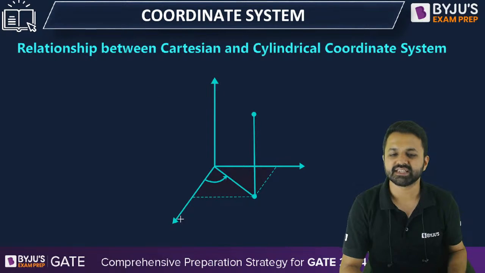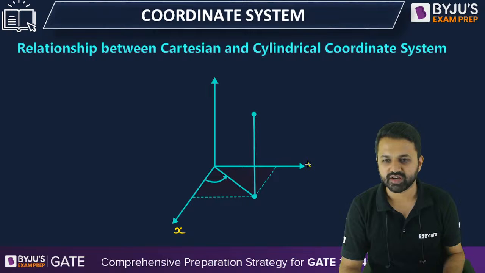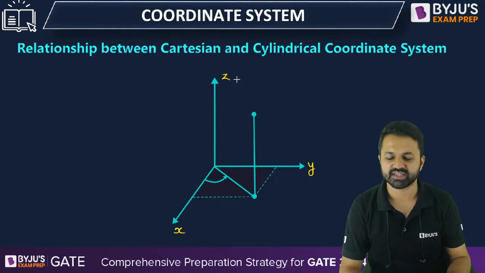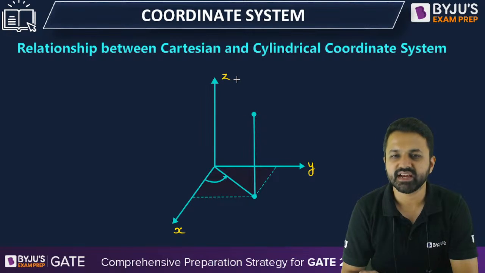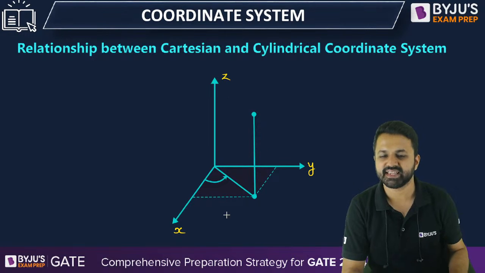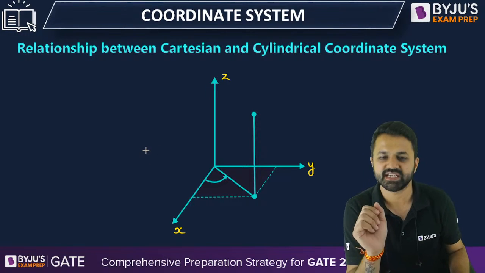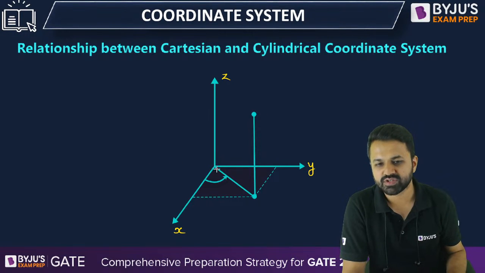Now what is the relationship between the cylindrical coordinate system and the Cartesian coordinate system? Suppose we have the three coordinates x, y, and z, which are the parameters of the Cartesian coordinate system. Let us suppose the distance measured from the z-axis is rho.